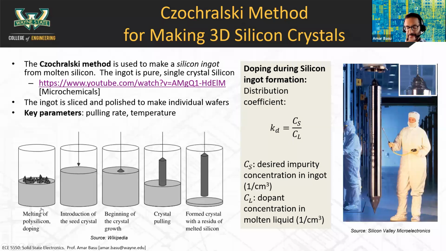If you want zero doping, you just put all pure silicon in there. If you would like to have P-type doping, then you add a column 3 element. If you want N-type doping, you add a column 5 element. We'll talk more about that later, but you can tune the properties of your semiconductor by adding some dopants or impurities into the lattice.